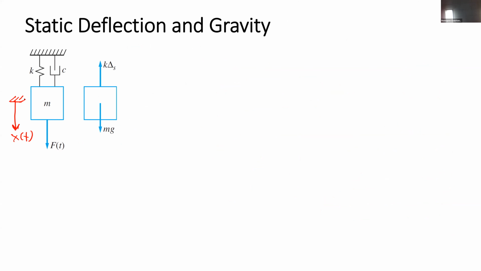You can select where x(t) is 0 at the free length of the spring, or you can select x(t) equal to 0 at equilibrium.